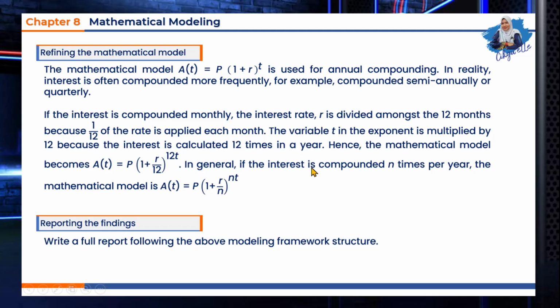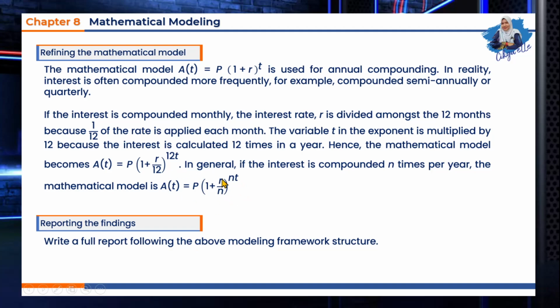In general, if the interest is compounded n times, meaning not only 12 times, for example compounded quarterly, how many times the interest is compounded, we change into n. If the interest rate is compounded n times per year, the mathematical model is: this value 12 we change into n, and this one also changes into n.